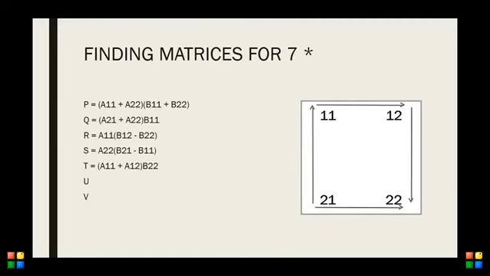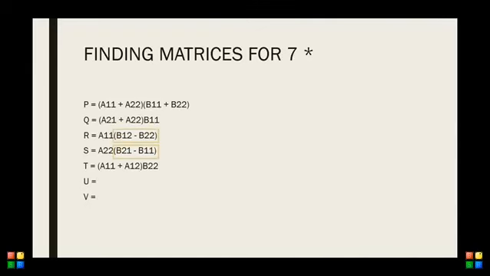Now I have U and V values remaining. These are the two values, as you may recall, which have both sum and minus. So to compute these, I will consider these two values.